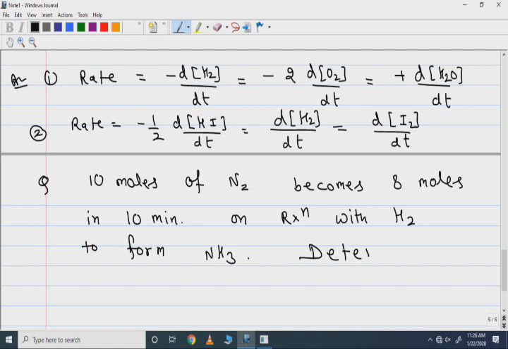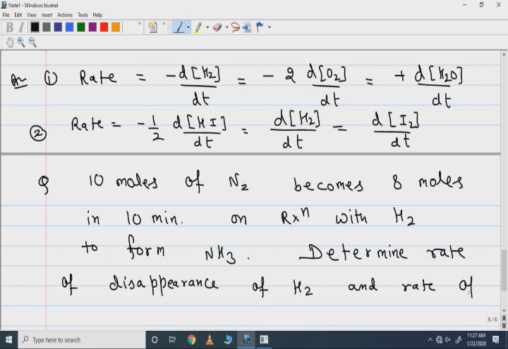Determine rate of disappearance of H2 and rate of formation of ammonia.